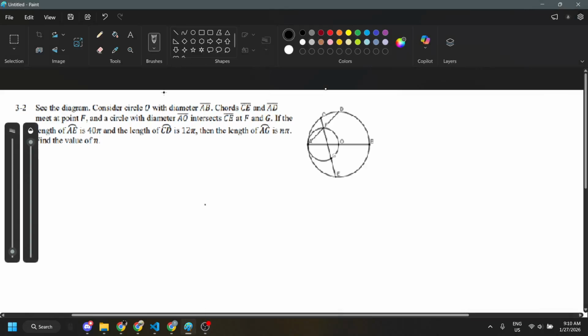Let's consider the circle O with diameter AB, chords CE and AD, and a circle with diameter AO that intersects CE at F and G. The length of the arc AE is 40 pi.